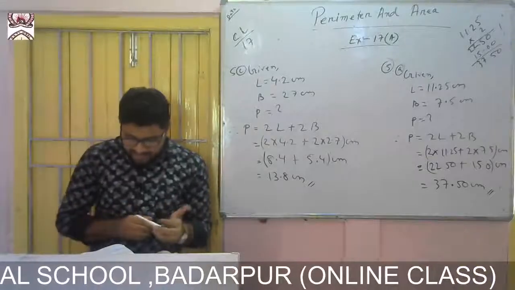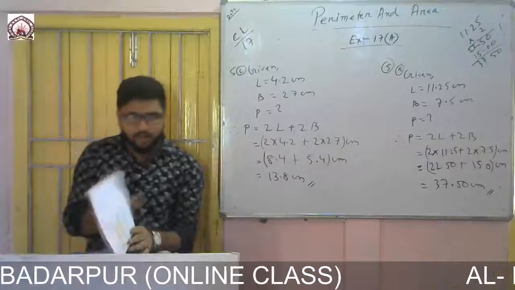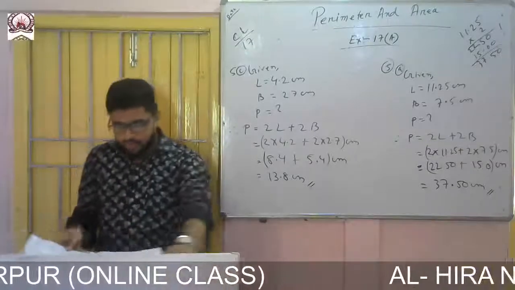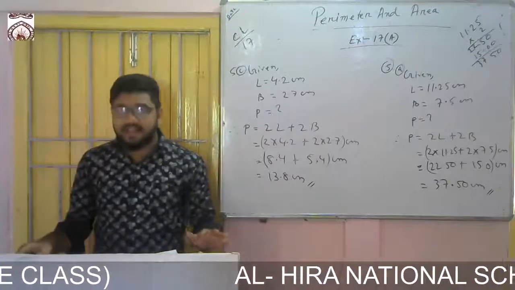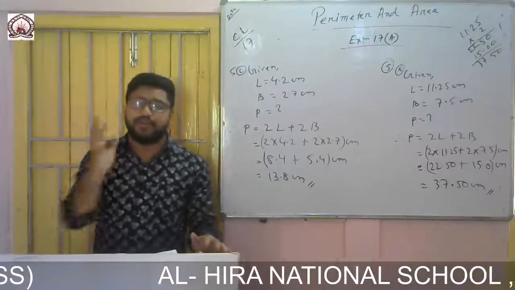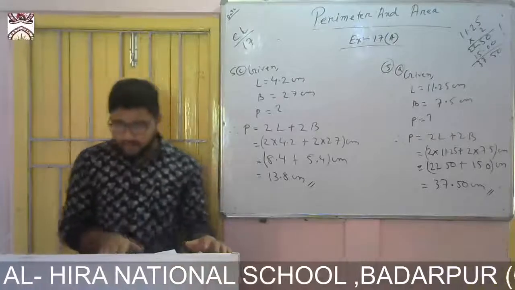Now come to question number 6. Find the perimeter of a square. Side is given, so we need to multiply by 4, as in question number 3.